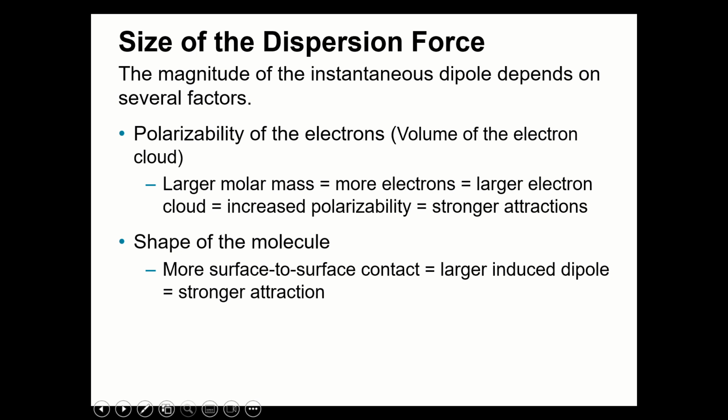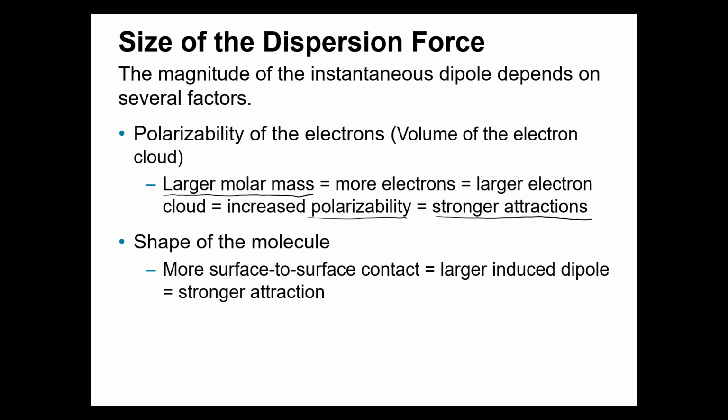The more volume that you have, the more surface area those electrons have to move around in. And so when you increase the molar mass or the size of your atoms, you're going to increase the polarizability, and that will result in stronger attractions, okay?